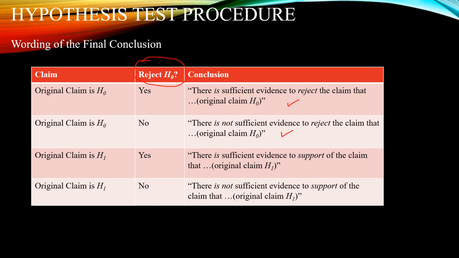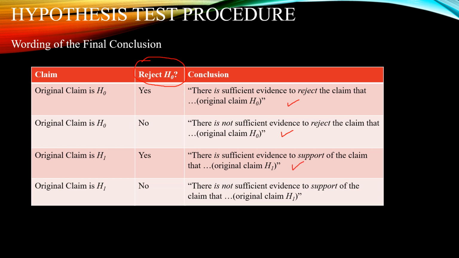If your original claim is the alternative hypothesis and you end up rejecting the null, that means that the alternative must be true. So if you reject the null hypothesis, then you will have sufficient evidence to support the original claim, which is the alternative hypothesis.